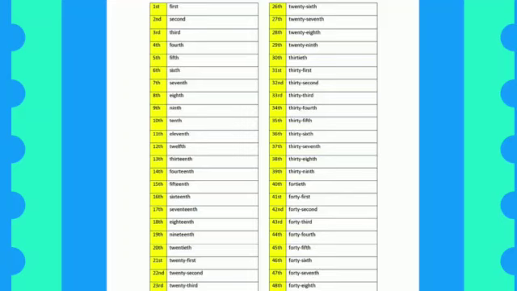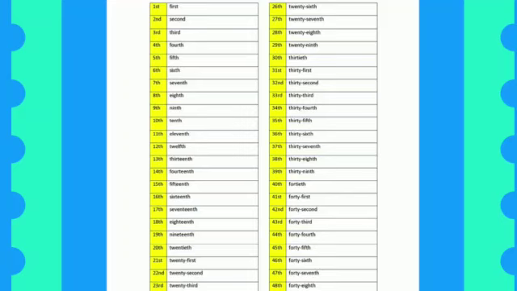Now the spelling of 20th is T-W-E-N-T-I-E-T-H. After 20th, we learn the ordinal numbers like 21st, 22nd, 23rd, 24th, and so on.